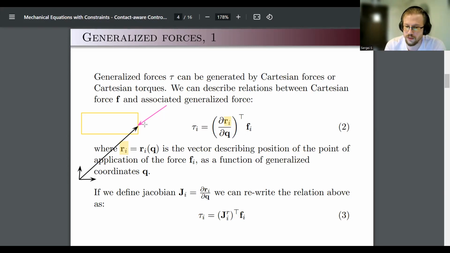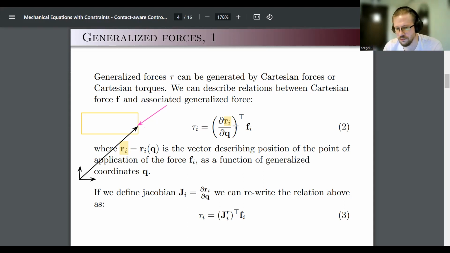So any point of the robot can be described as a function of generalized coordinates. That should be pretty familiar to you, right? For example, for a two-link robot, the end effector, like a point on the robot, can be described as cosine phi1 L1 plus cosine phi2 L2, and that is the x coordinate of the end effector, or the y coordinate would be like sines instead of cosines.